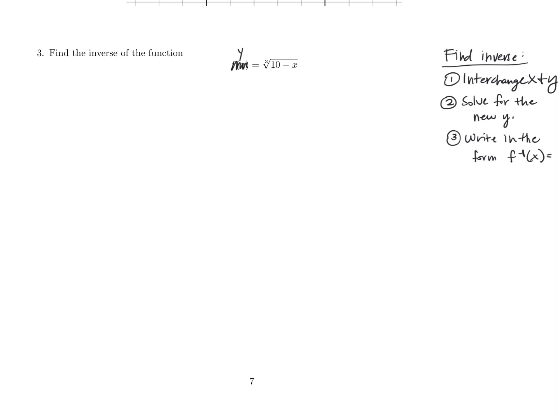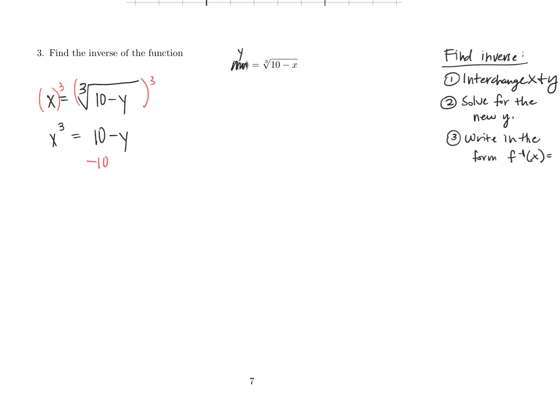So here we want to interchange x and y. So we're going to have x equals the cube root of 10 minus y. And now we try to solve for y. So we have the radical by itself, so we can undo that by cubing both sides. So we will get x cubed is equal to 10 minus y.